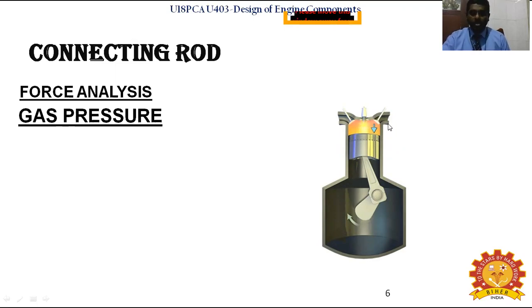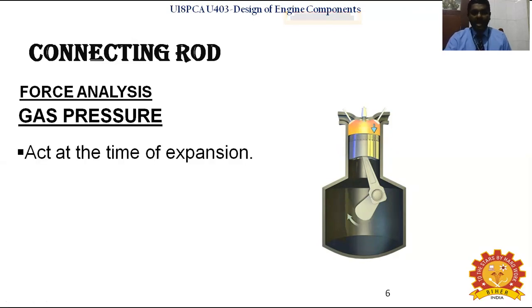Then during the power stroke, you will have a gas pressure. The combustion of fuel exerts a gas pressure, so the expansion of gases happens. The gas pressure acts at the time of expansion. That is what you call the power stroke.